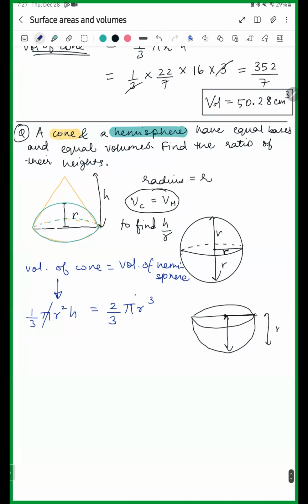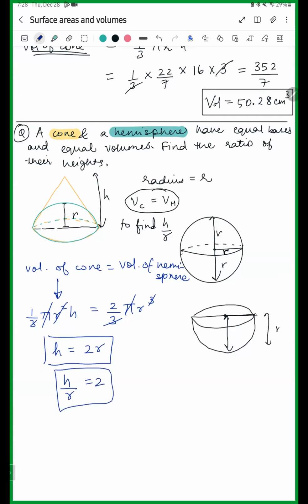Pi and pi get cancelled, 3 and 3 get cancelled. R square gets cancelled with r cube, only r is remaining. So we are left with h is equal to twice of r. That means h by r is equal to 2. That is the answer. Or if you want to write it in ratio form, then you can write h is to r is equal to 2 is to 1.